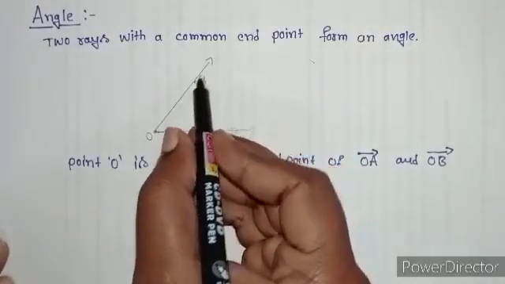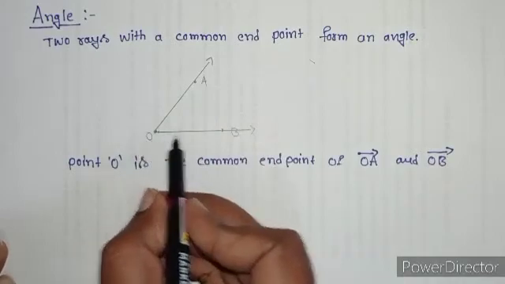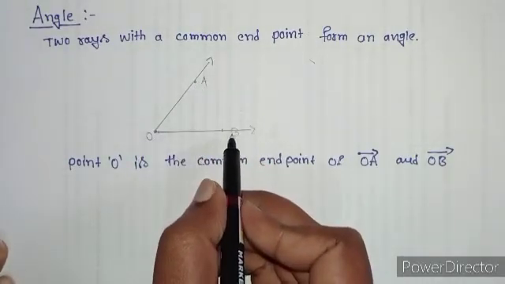In this figure we get angle AOB. So here AOB is the angle.